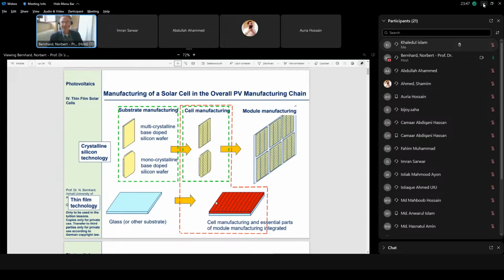Cadmium is group 2, and copper would have valency 1, it's from group 1, and indium and gallium are from group 3. And that means copper, indium and gallium on average is group 2. That means we always have, in principle, at least if we take the average of these two metals, a group 2 metal and a group 6 non-metal, which make up this semiconductor.